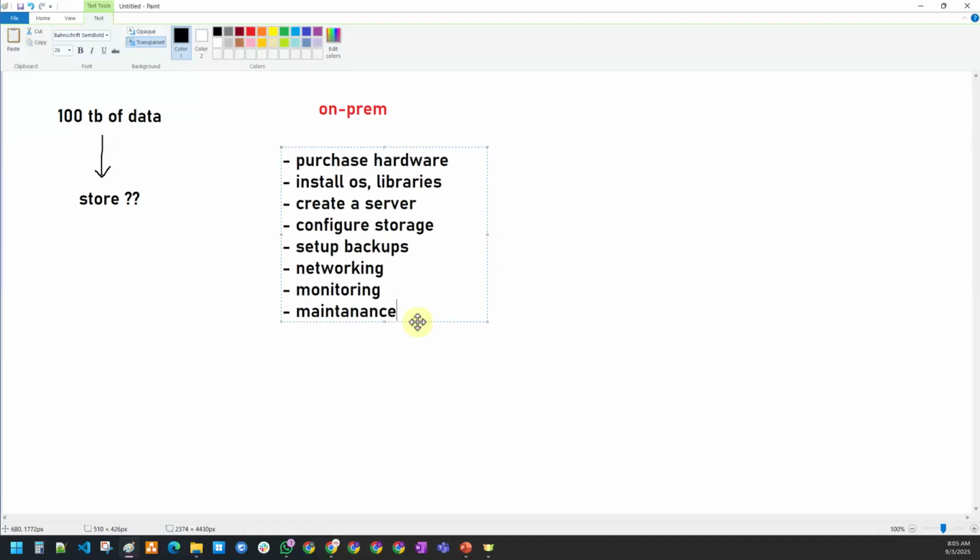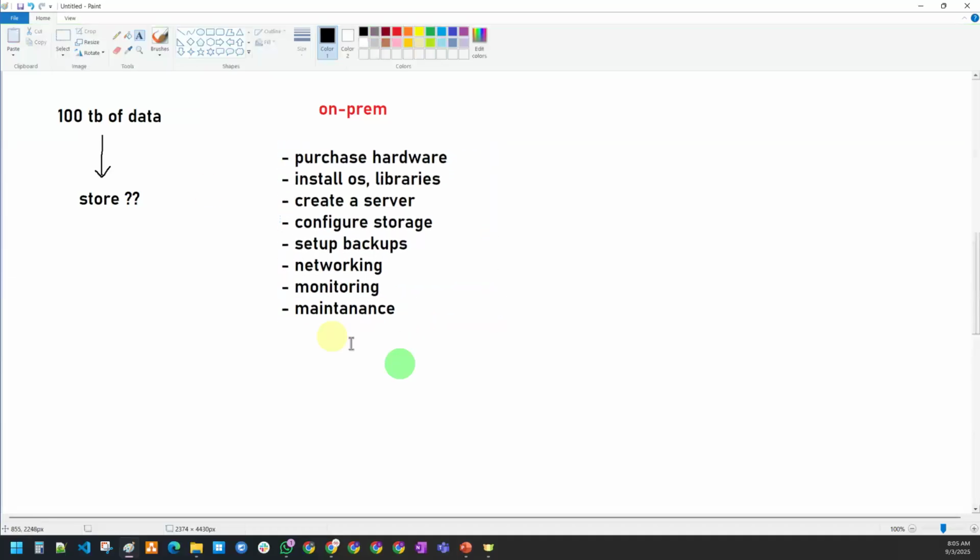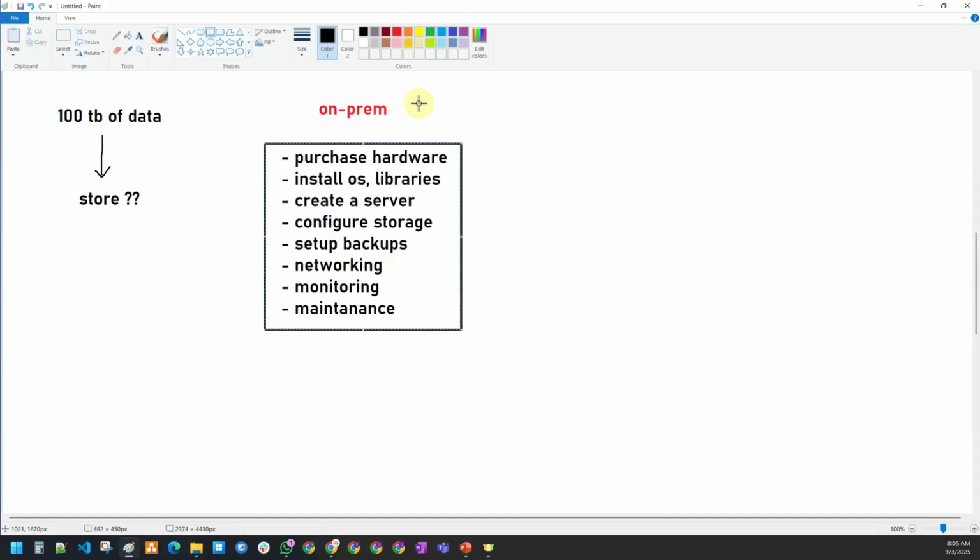If I wanted to store 100 terabytes of data, I cannot directly store it. I have to take care of each and every step of it. We have to purchase the hardware, install the systems, create a server out of it, configure the storage, set up the backups, networking, monitoring, and maintenance.